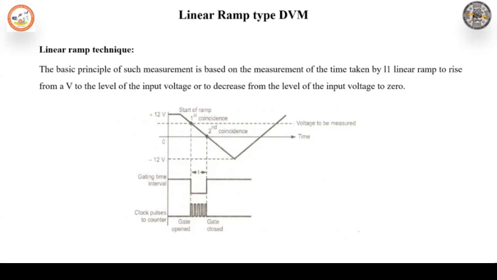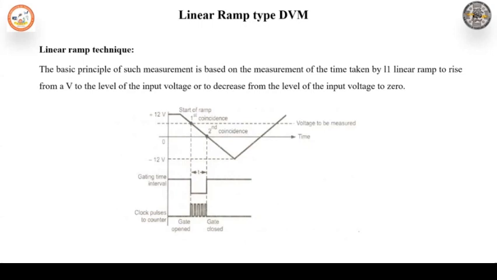The number of clock pulses are measured by the counter. Thus, the time duration for which the gate is opened is proportional to the input voltage. In the time interval between start and stop pulses, the gate remains open and the oscillator circuit drives the counter.